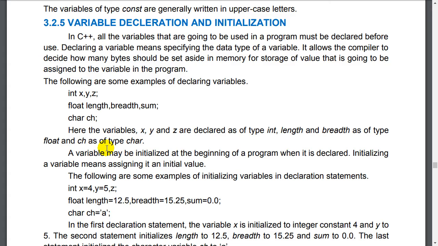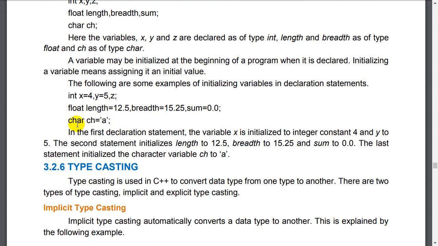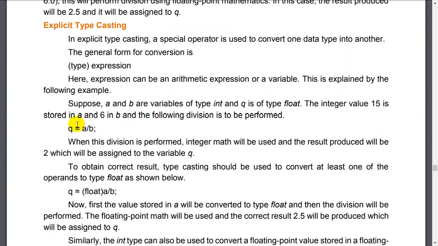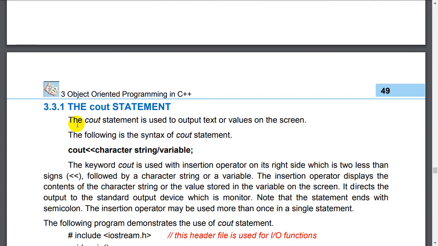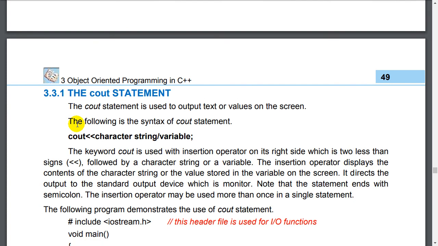Okay, so get to know that mostly we use these three data types. Which ones? Integer, float and character data type. Okay, come to input output handling. In input output handling, the cout statement is used to output text or values on the screen.